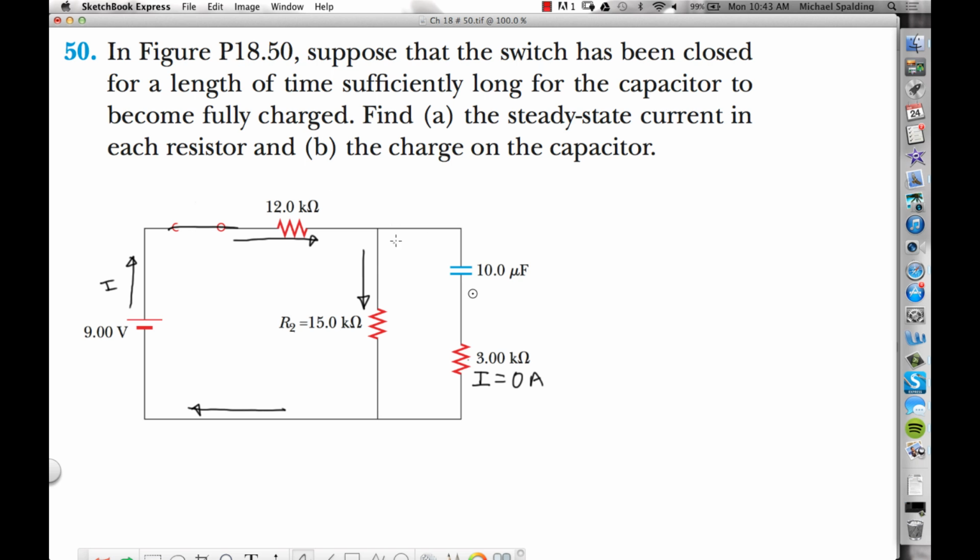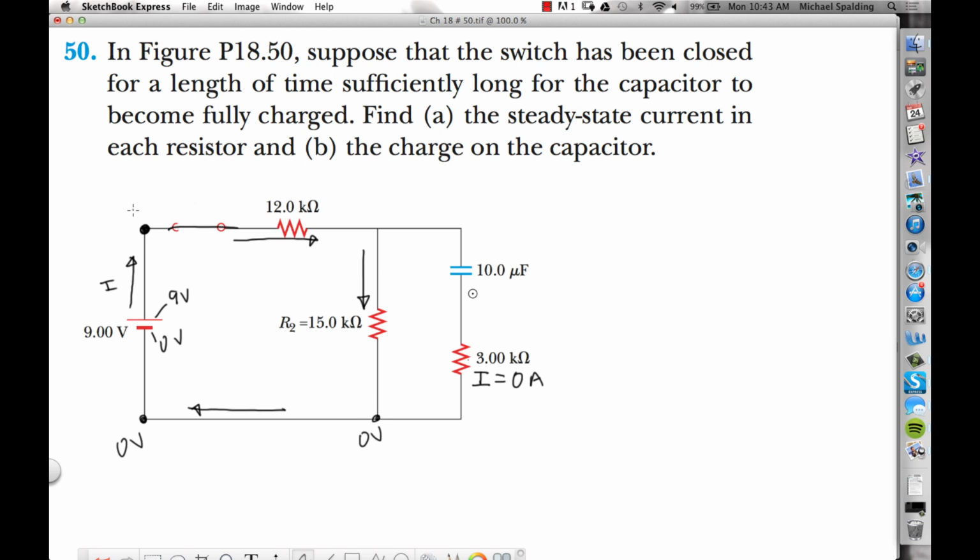Which means for all practical purposes, this resistor and that resistor are in series. Now, how do you simplify resistors in series? You add them together. So if this is a 9-volt battery, we're saying 9 volts and 0 volts. So this point right here is 0, this point right here is 0.